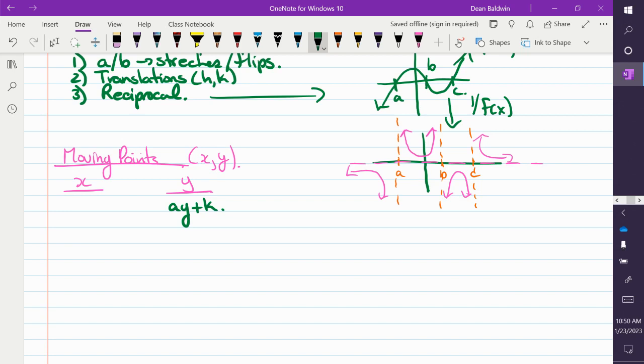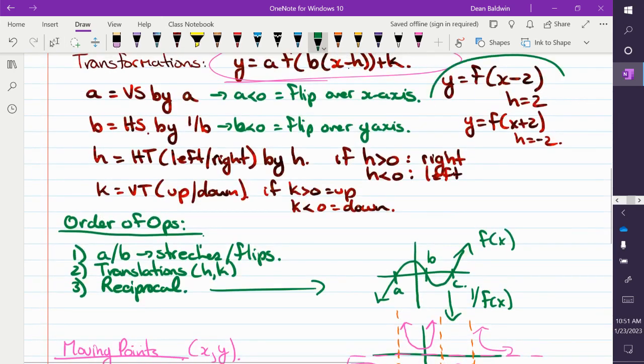And then if you're doing your x value, what variables affect the x? B and h. What do you have to remember about b? It's 1 over b. So it's 1 over b times your x, and then you just add on your h value. That's how you move a point. We okay? Plus h. But you have to determine what the h value is, right? That goes back to this stuff right here.